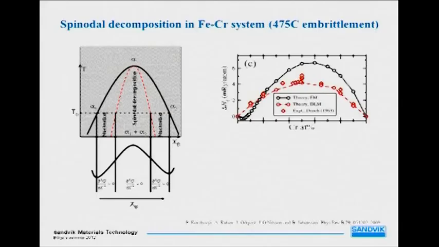Very recently, it has been possible from first principles to calculate the enthalpy of mixing here as a function of the chromium concentration. So in the ferromagnetic state, we have this theoretical curve.